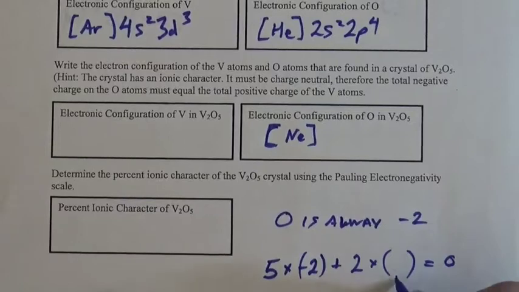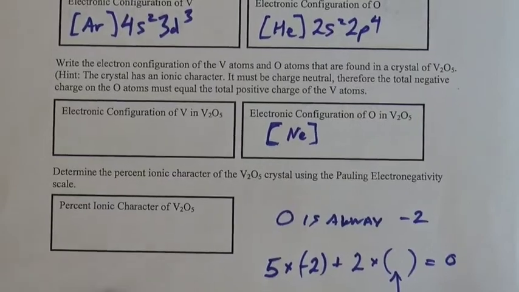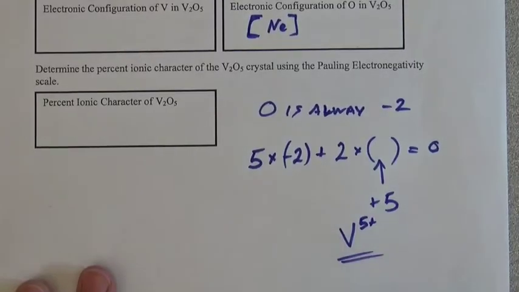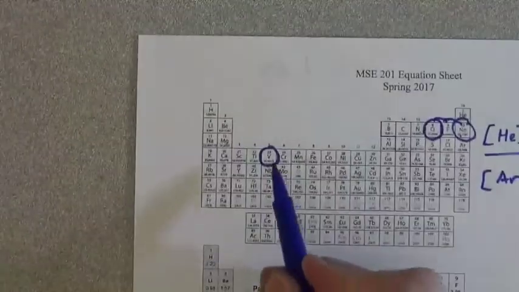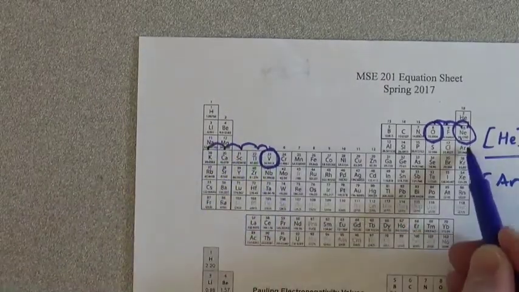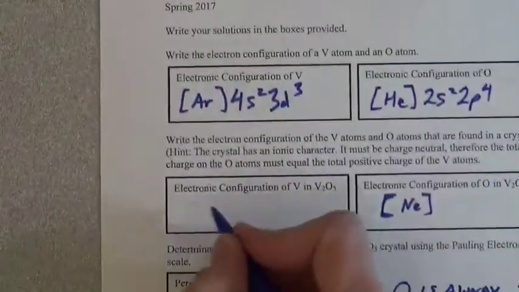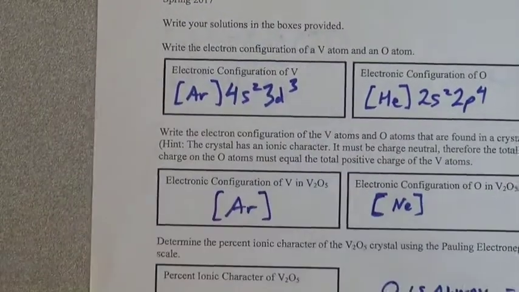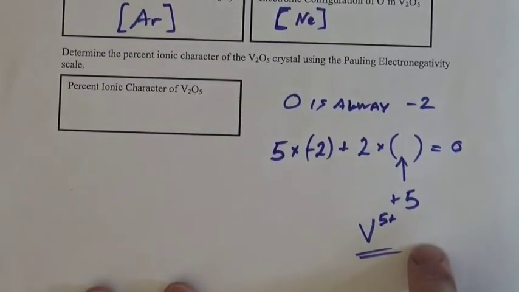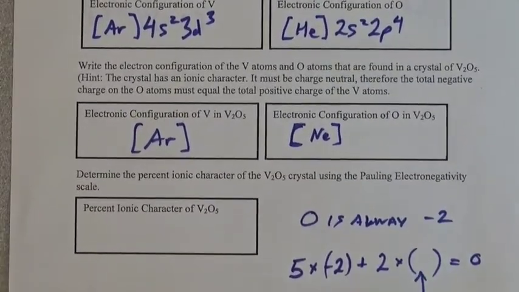And the only way this works out is if this is +5, which means that our vanadium is taking a 5+ configuration, which means that from here we go 1, 2, 3, 4, and then back 5, and it has the electronic structure of argon. So we can get that by knowing that we have a charge neutrality, and then just counting the number of electrons that move, or that are added or subtracted.